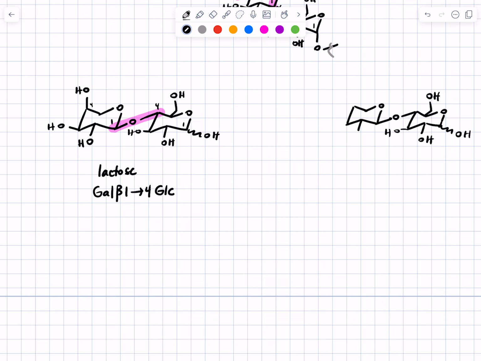You can see that the human milk oligosaccharide shares the same basic structure. You've got the glucose and the galactose with the beta-1,4 linkage. But there's an additional carbohydrate that we won't talk about or name. And it comes branching off of the C2 group of galactose. We won't draw it in its chair form. We'll just draw it like this.